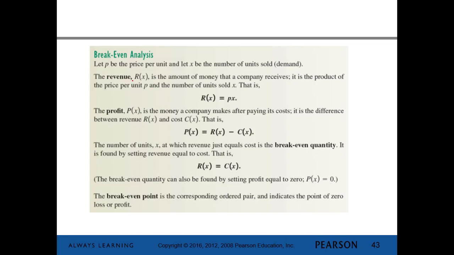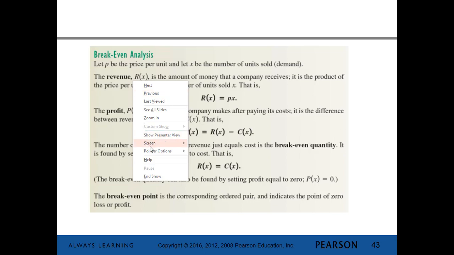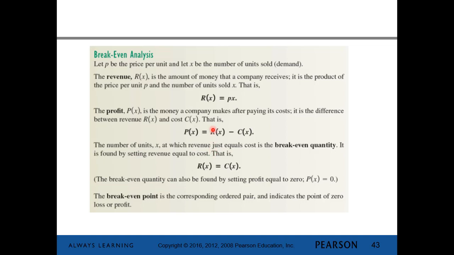So the revenue in this case is the amount of money that's coming in based on the widgets sold. Okay, so revenue is always price times the number of widgets sold. That's going to be how much money is coming in. That's revenue. It's always going to be price times the number of widgets.